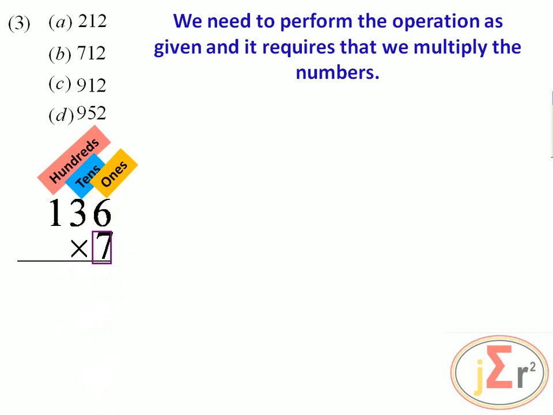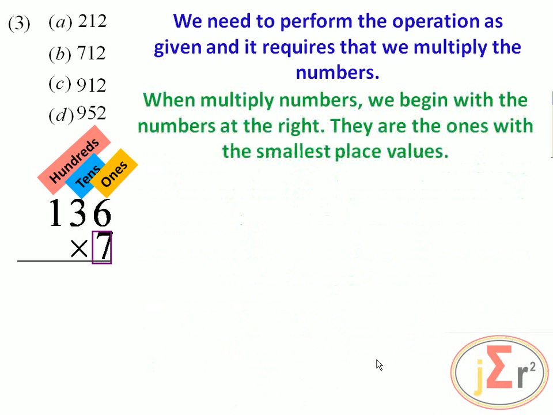As a constant reminder, by the time you are through with these grade 4 numeracy exercises, you would have been very sharp on your place values. When multiplying numbers, we begin with the numbers at the right. They are the ones with the smallest place values.